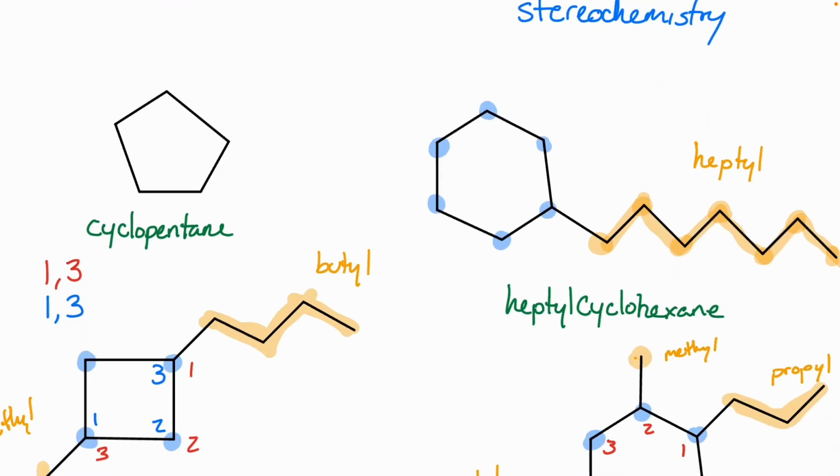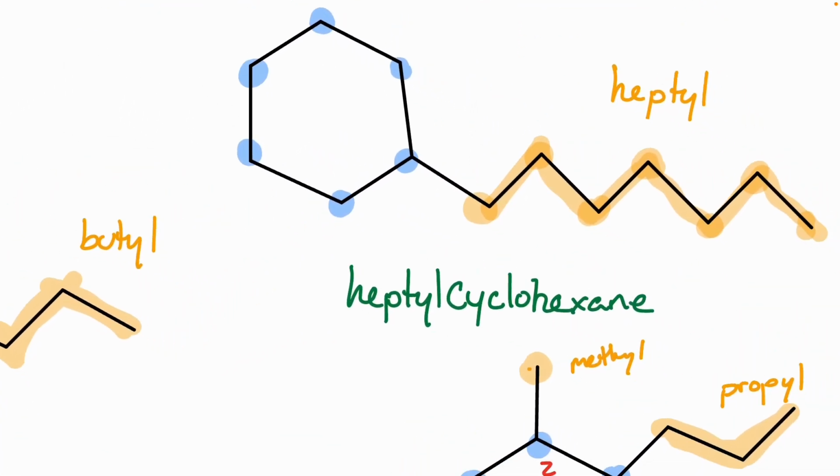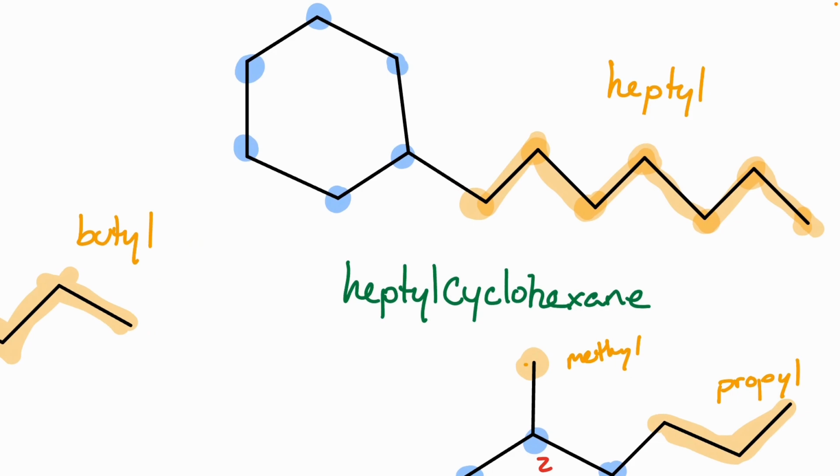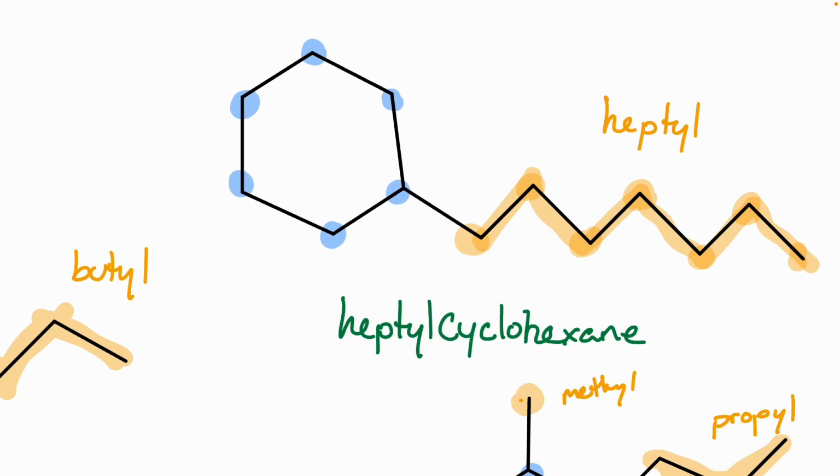Just to go back, one of the other things that we were asking ourselves before was, do we have any stereocenters, any chiral carbons here? In my heptyl cyclohexane, is this a stereocenter? This is kind of hard to see for rings, right? Because they're connected.